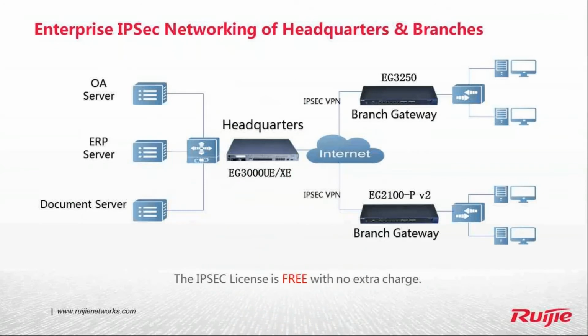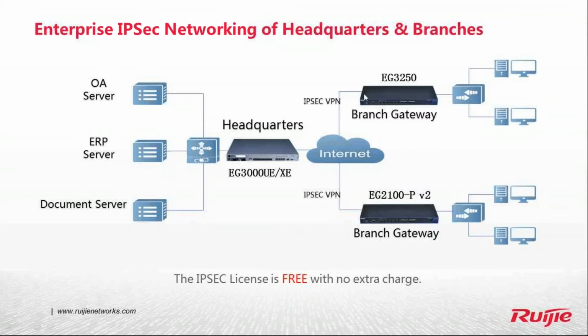In our security gateway, we also have the enterprise IPsec networking for the HQ to the branches. What we do is, always in the HQ, we recommend using the higher model, and in the branches we recommend the smaller models like the 2100 and also 3250 for the branch gateway.